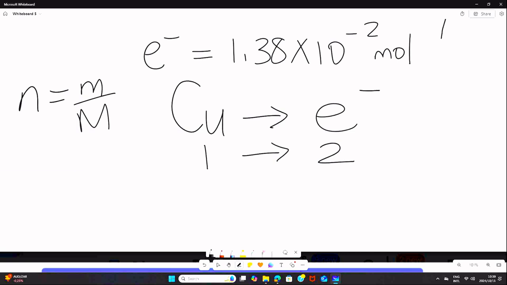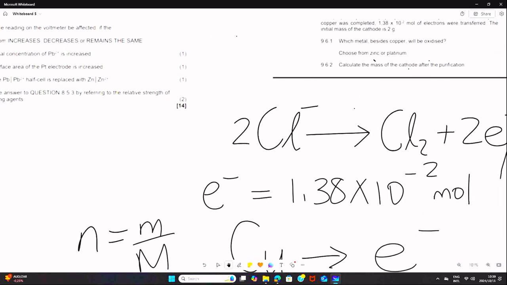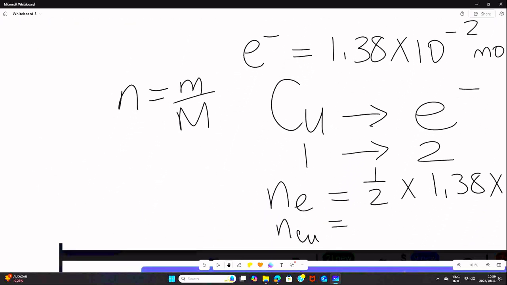So that means the number of moles of copper will be half of the number of moles of electrons, 1,38 times 10 to the power minus 2 mole. Now, after you have done that, you can continue with your stoichiometric question, which is to calculate the mass of the cathode after the purification.